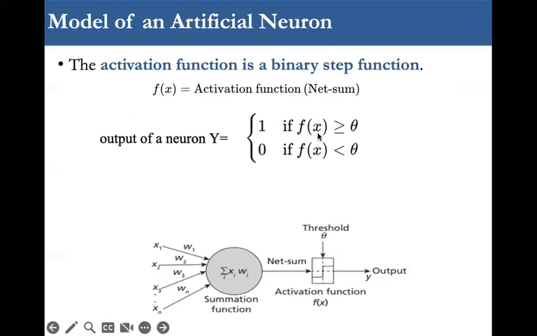If the activation function f of x is greater than or equal to the threshold theta, then the output will be 1. If f of x is less than theta, the threshold, then it produces the output 0. So this is the mathematical model of an artificial neuron.